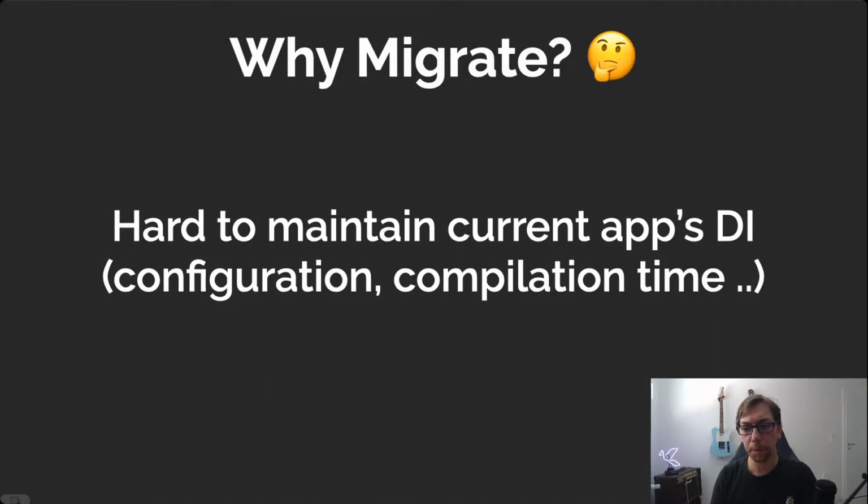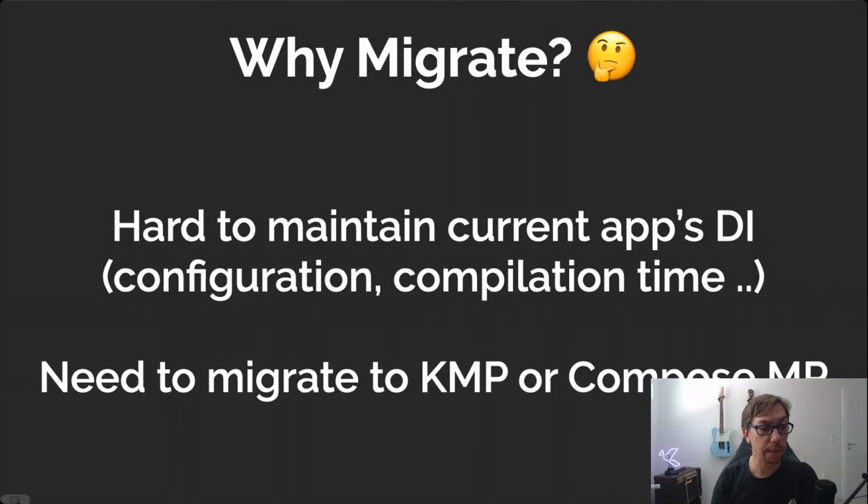You usually copy paste things without really knowing what you want to do, or it's really constraining. Compilation time is really dragging, and your project is hard to maintain, so you want to go to something else. The other point is the need to migrate to KMP, or even better, a full Compose Multiplatform project.